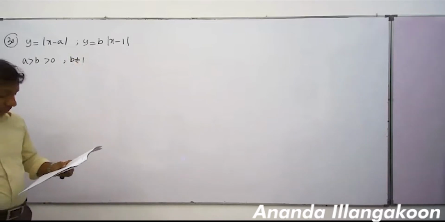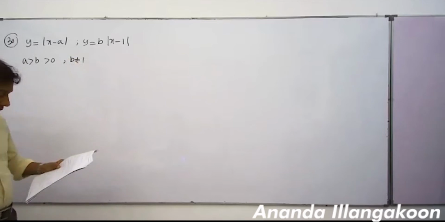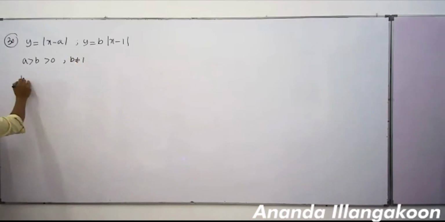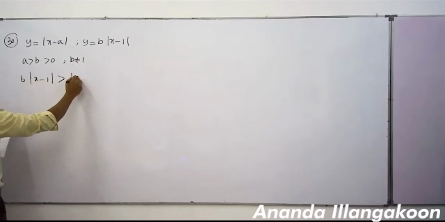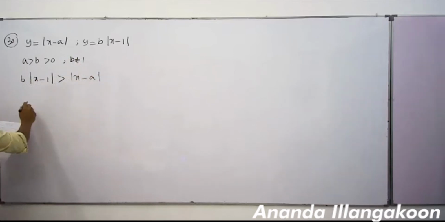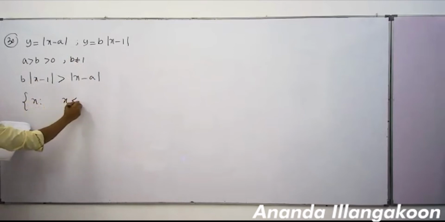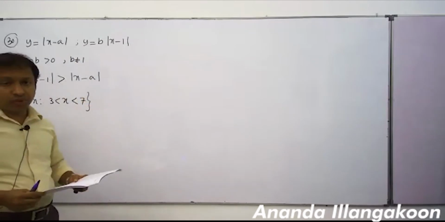Hence, the set of real values of x such that b times mod x minus 1 greater than mod x minus a, this interval is between 3 and 7. Right. Find the values of a and b.